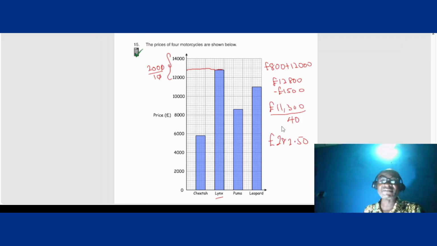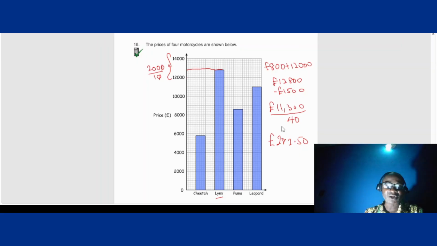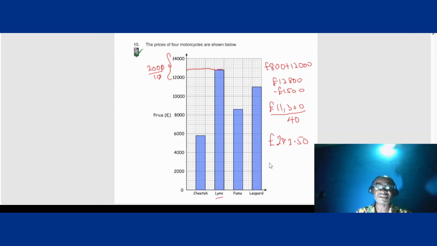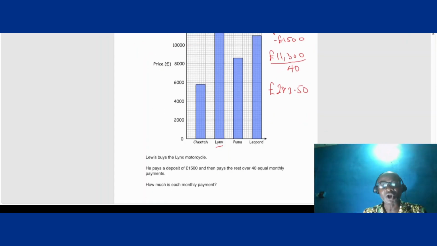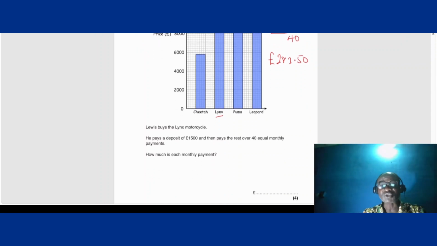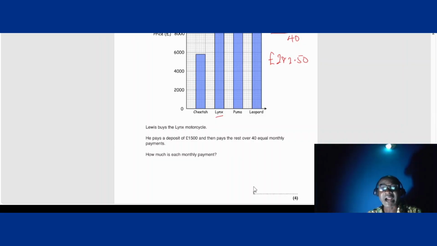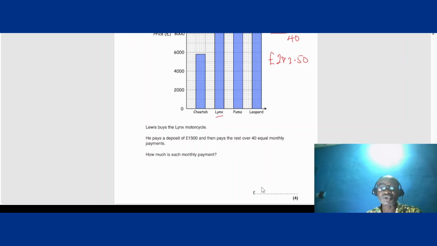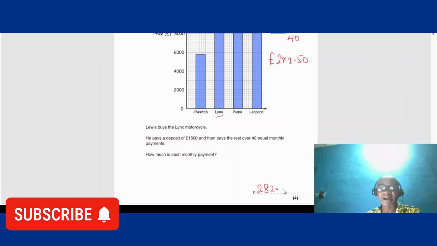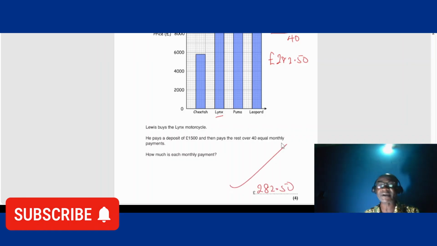We divide 11,300 pounds by 40 months, which gives exactly what you got: £282.50. That is very accurate, very meticulous, because reading graphs is a wonderful skill. This answer is allocated 4 marks. Excellent.